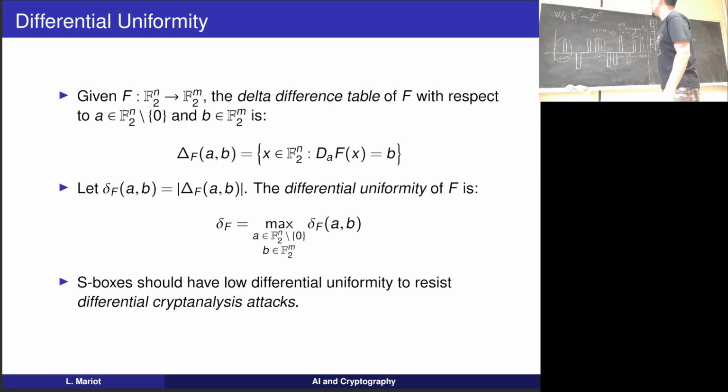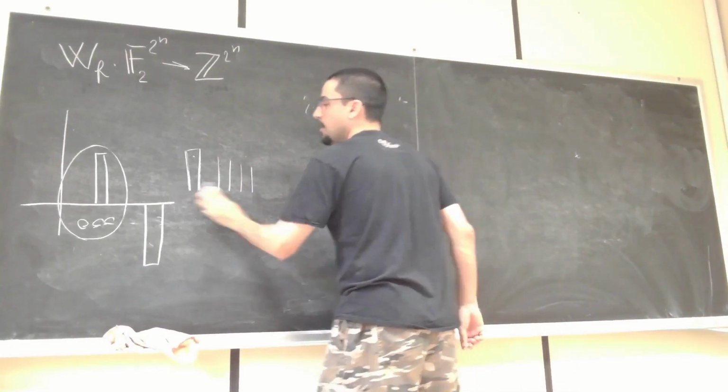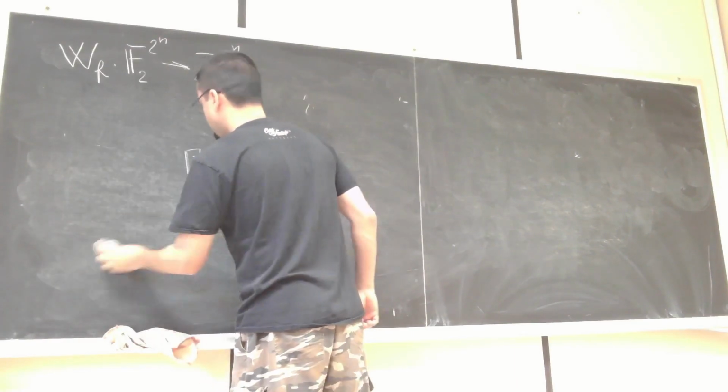What is d_a of f of x? It is called the derivative in the direction determined by a. We don't have derivatives as in the case of real analysis here, because we are working over a finite discrete space.